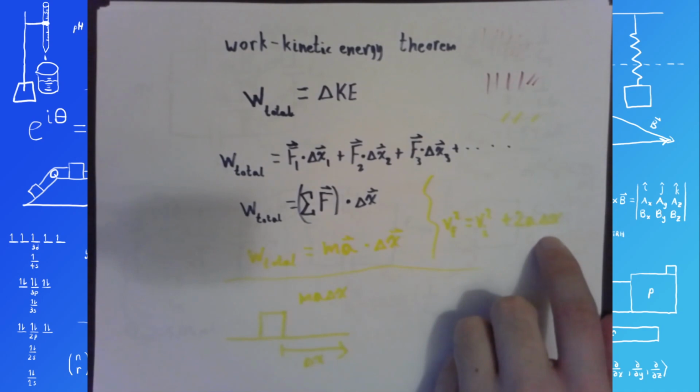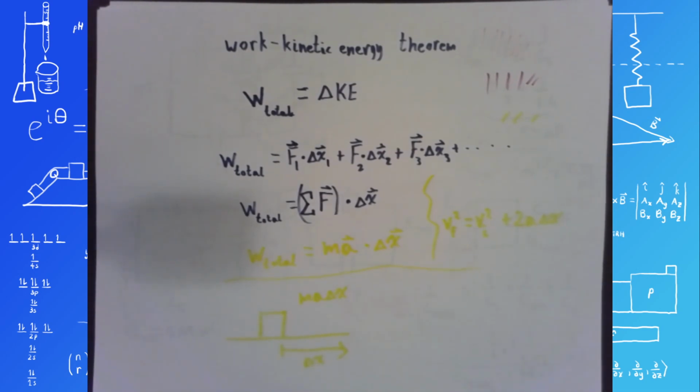And some people even write the delta x as a d, which I don't really like, but it is what it is. What I don't like about d is that it's easily mistaken for distance rather than displacement. And those two concepts are quite different from each other if you know your physics. So that's why I prefer the delta x.